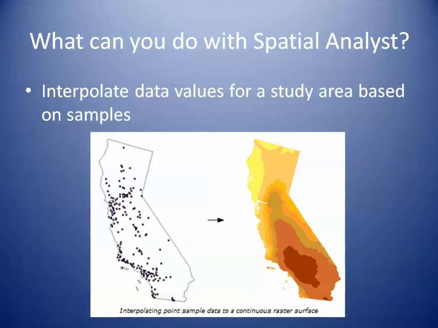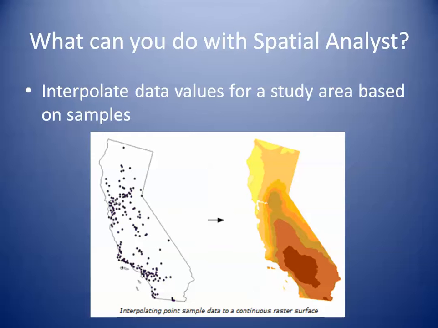Now, when it comes to generating data, in particular surface data that's been interpolated data, that's when you're mathematically, at least you should be doing it mathematically, identifying the most likely value of a phenomenon based upon what you know. Now, in this example here, you see the state of California, United States, over to the left, and all those points have some sort of value, whatever it may be, population, or it could be, say, an invasive species of some insect or whatever you're looking at, values of homes, who knows.